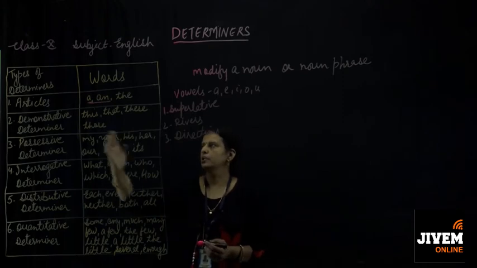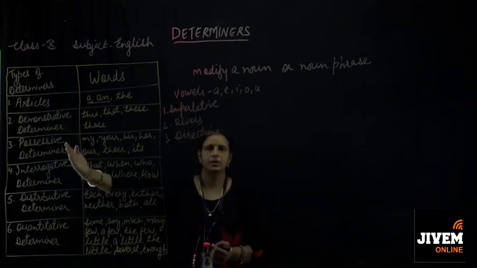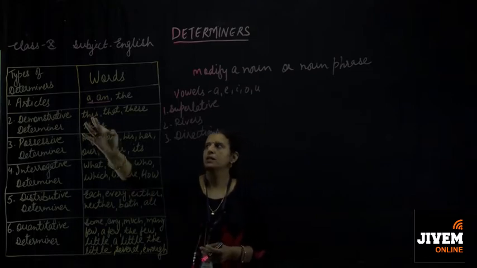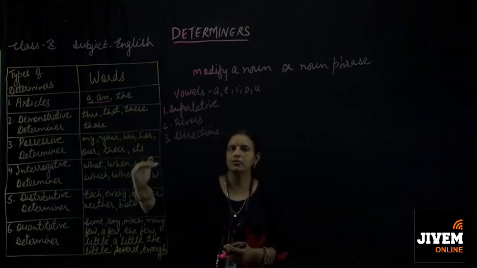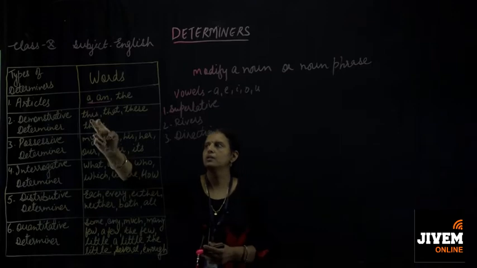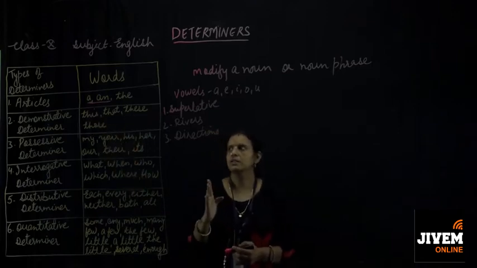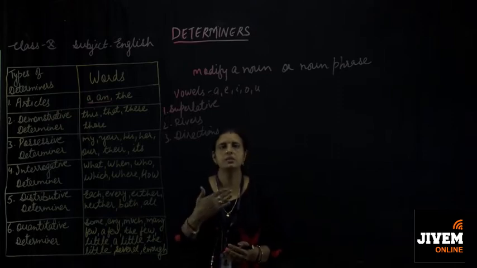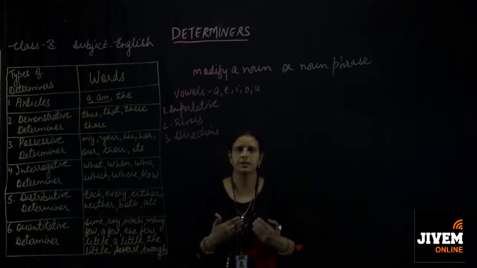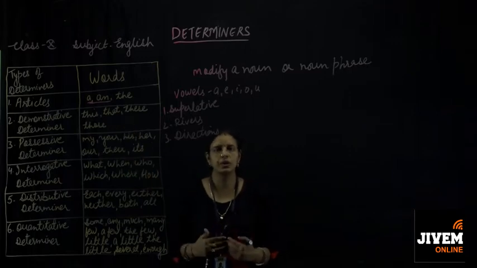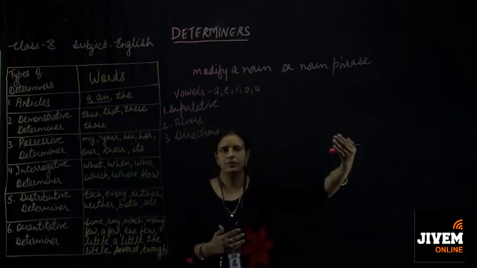The second determiner is the demonstrative determiner. There are 4 kinds of demonstrative determiner: this, that, these and those. Students, this is used when the noun is singular in form and nearer to us, and that is used when the noun is singular in form but far away from us.